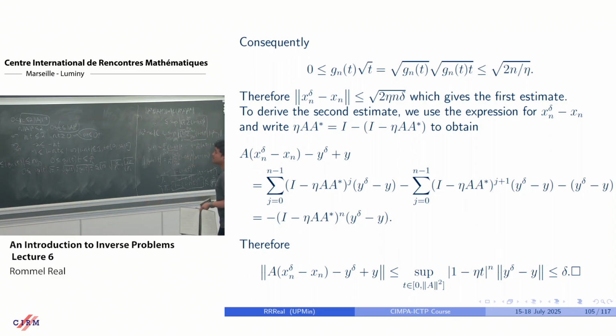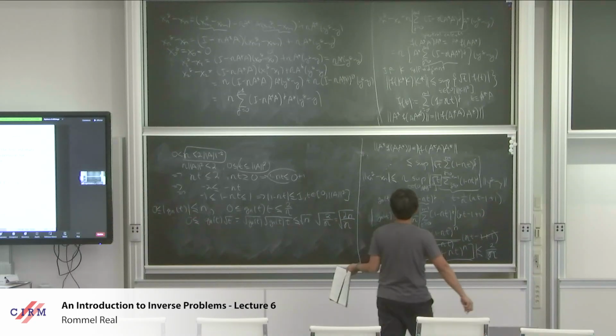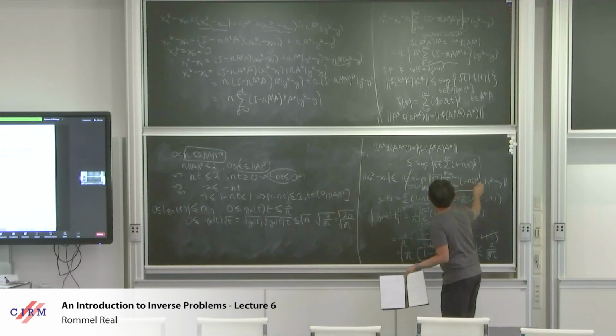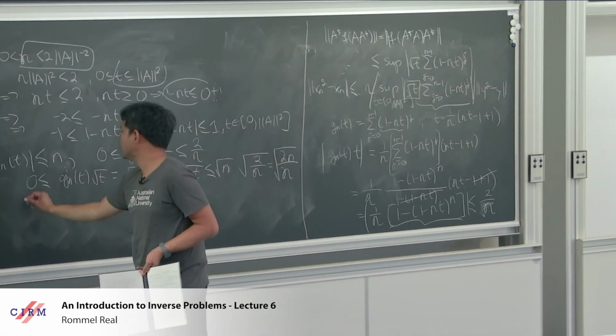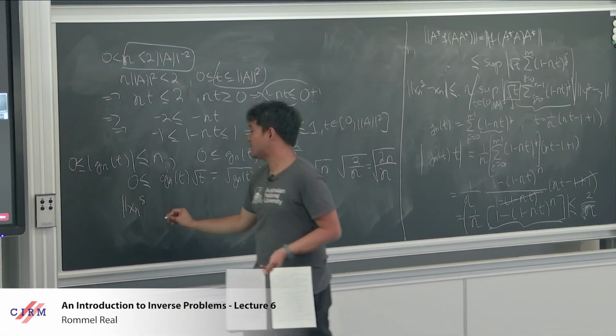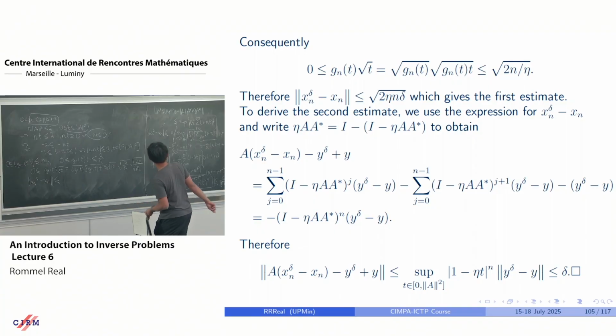So therefore, we can now have the final estimate, finally a useful error bound. That means x sub n delta minus x sub n is less than or equal to eta times this one times the norm of y delta minus y.